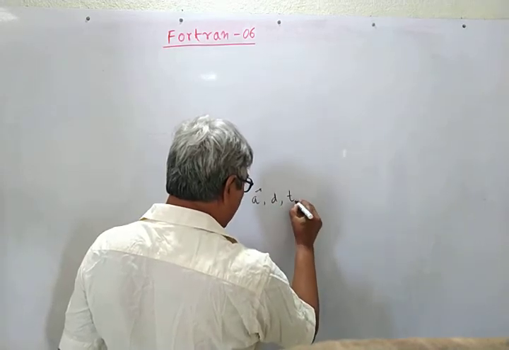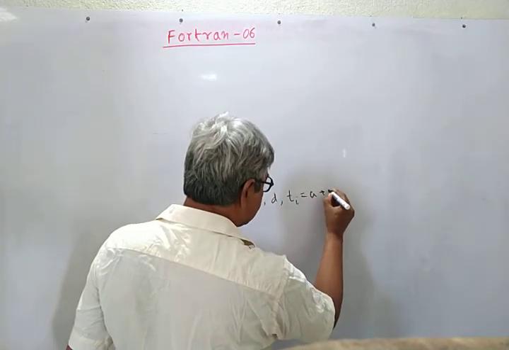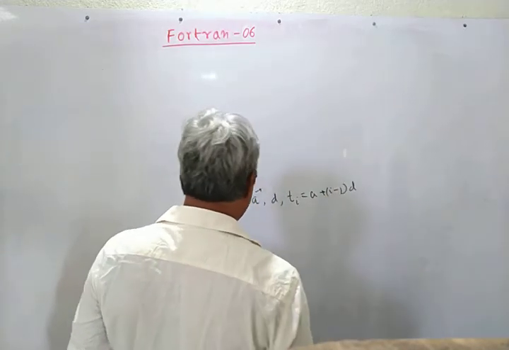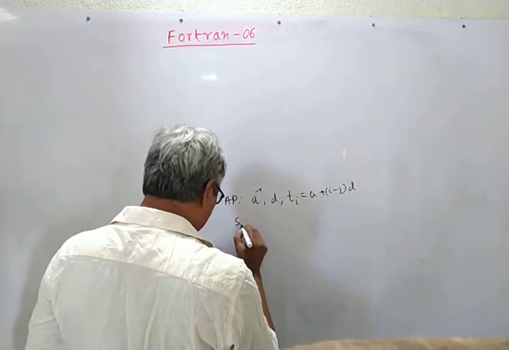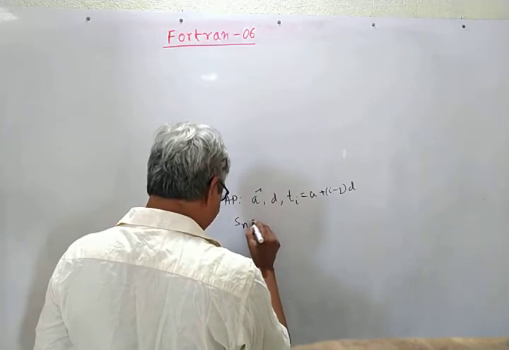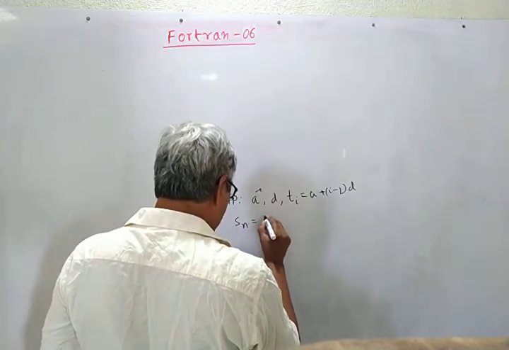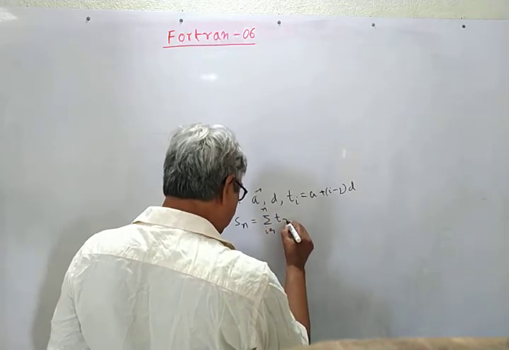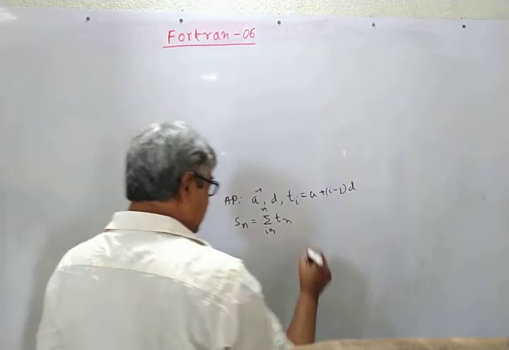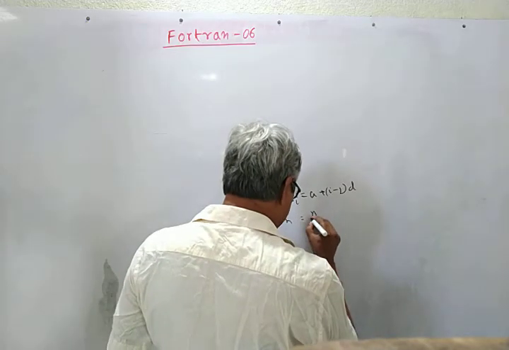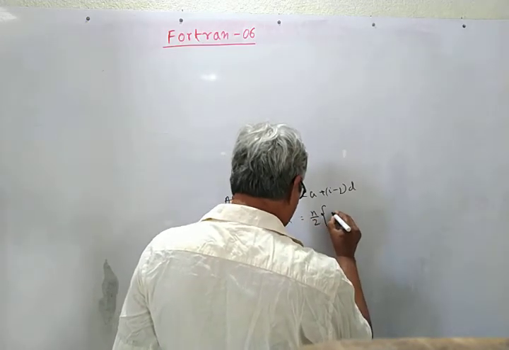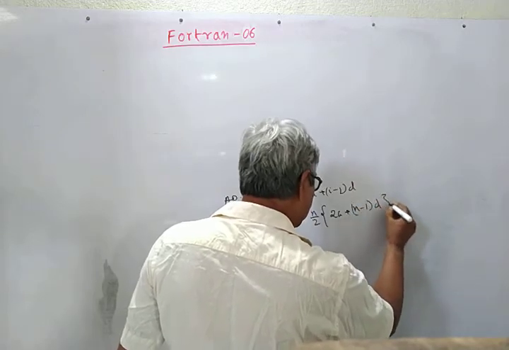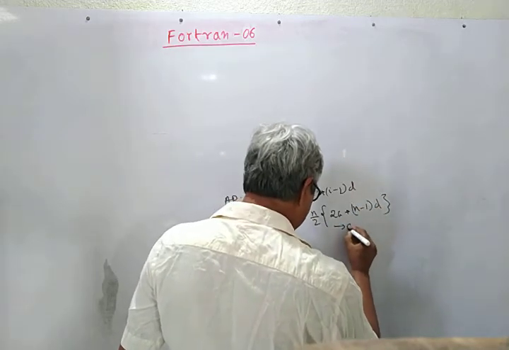Now the ith term is a plus I minus 1 into d, and we need to calculate Sn, which is the sum over I is equal to 1 to n of Tn. The result is known to us: n by 2 times 2a plus n minus 1 d. This is the analytical value.